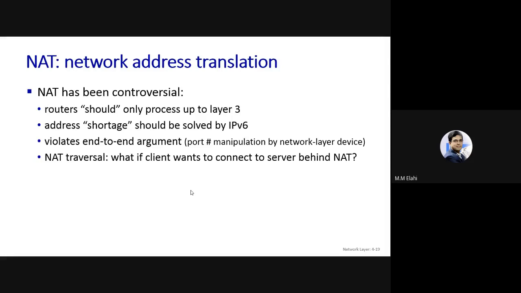But in this case, we see the server doesn't see the source IP, and the host actually sees server IP, but the IP is changed in the middle. And there is another problem, that is, from internet, it is not possible to identify a host using an IP address. So there are some disadvantages of NAT.